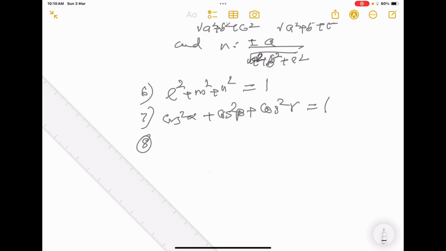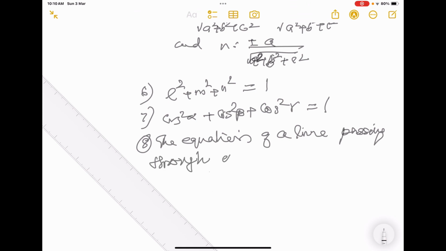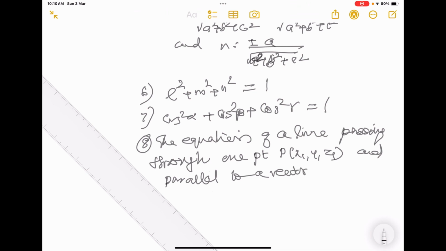So the question is like this: the equation of a line passing through one point P(x1, y1, z1) and parallel to a vector b.